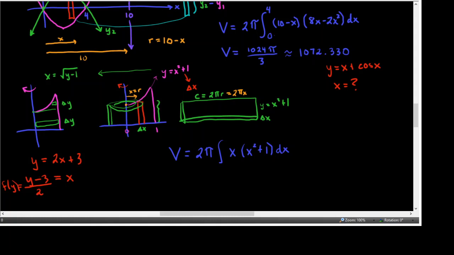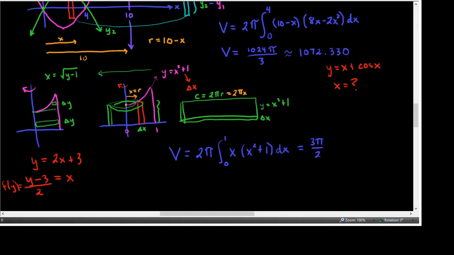And we'll integrate this from the low x of the original region, 0, to the high x of the original region, 1. And if you finish this problem out, you'll see that you get 3 pi over 2, like we got last time, but with a much more complicated setup.